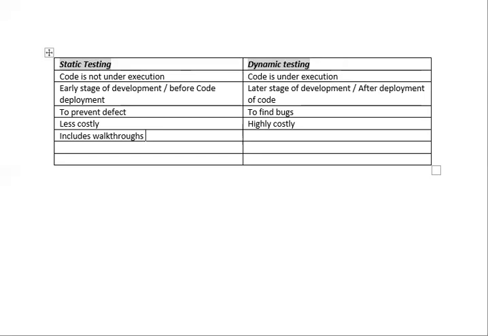Let's discuss this first. Reviews and inspection are performed under static testing, while in dynamic testing we mainly focus on functional testing, and non-functional testing is also performed under dynamic testing.